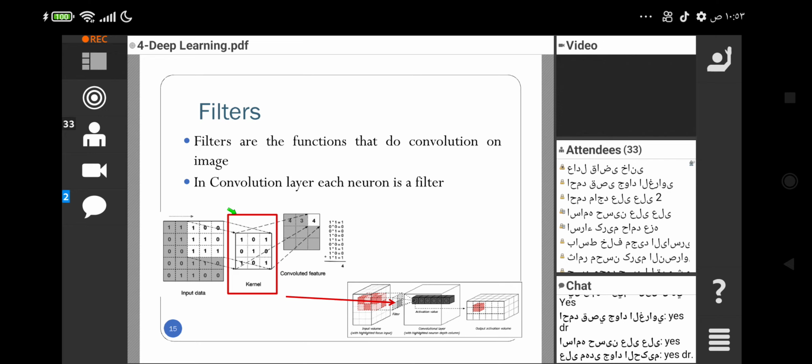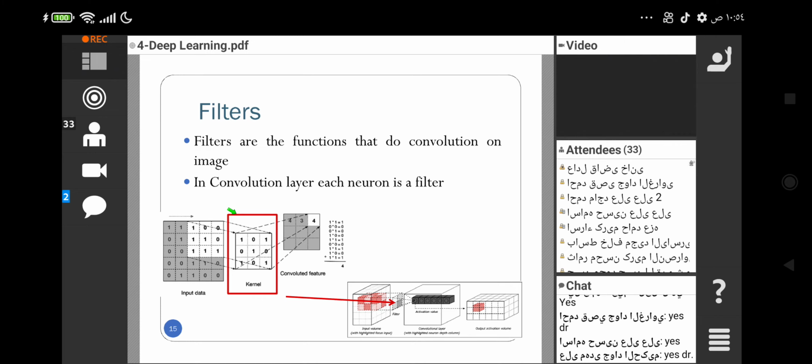The neuron in the perceptron had some inputs, and then it was adding up the inputs and getting an output. In the CNN, in the convolution layer, each of the neurons is a filter.